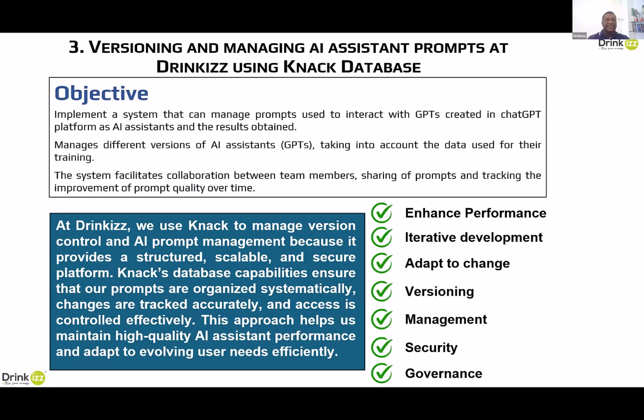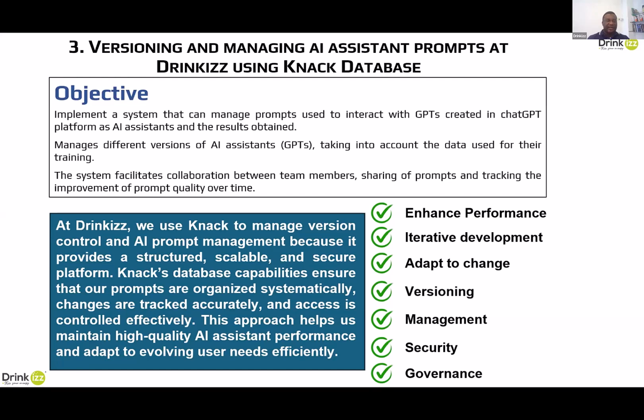Knack helps us in three main ways. First, it organizes all of our prompts. It keeps them in order so we can find and use them easily. It also allows us to track changes. It tracks all updates or changes so we always know what has been changed and when.